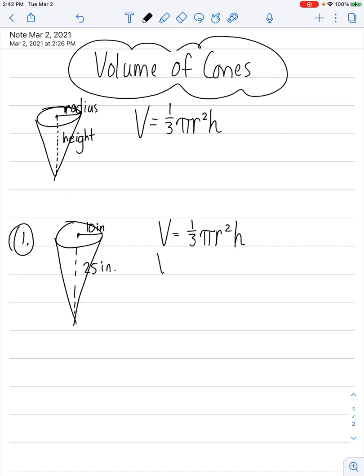Next, I'm going to plug in my values. Volume equals 1/3 times pi, we're going to use 3.14, times our radius is 10 inches squared, times our height, which is this measurement right here, times 25.